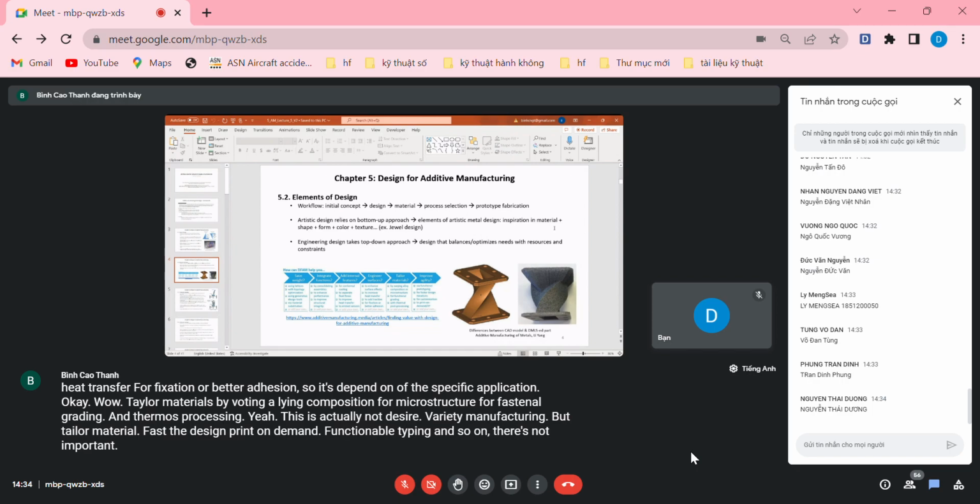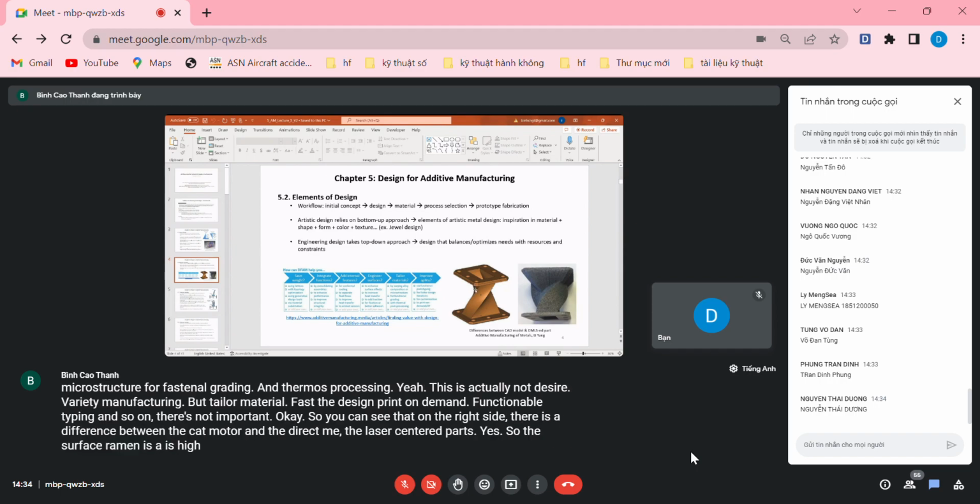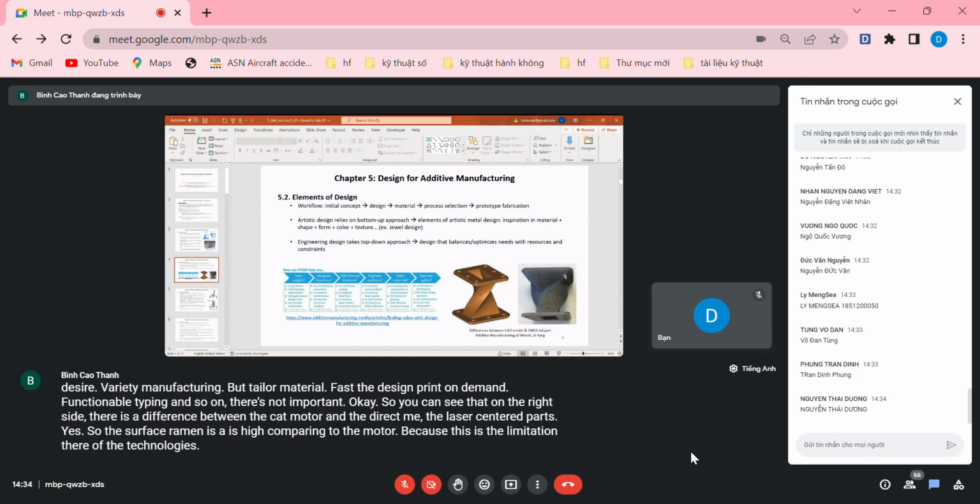So you could see that on the right side, there may be a difference between the CAD model and the direct metal laser sintered parts. The surface roughness is high compared to the model because this is a limitation of the technology.